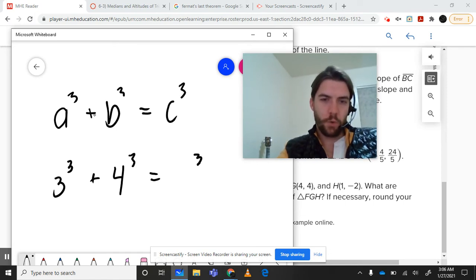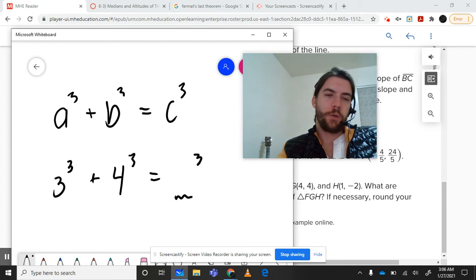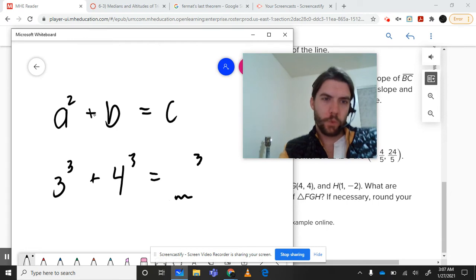There is no whole number here that I can put in. 3 cubed plus 4 cubed is not 5 cubed. It's not 6 cubed. It's not 7 cubed. It's some sort of decimal. And so Fermat's overall idea was that you will not find whole number solutions to this equation unless you're looking at the one that we're the most used to, the one that has exponents that are squares.